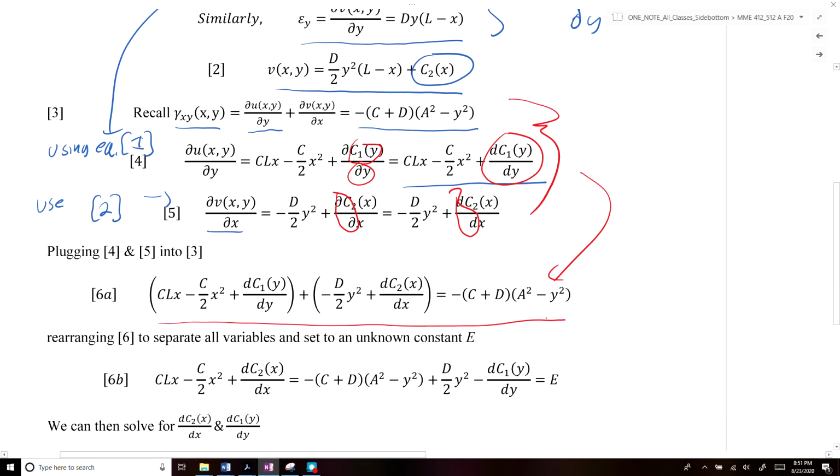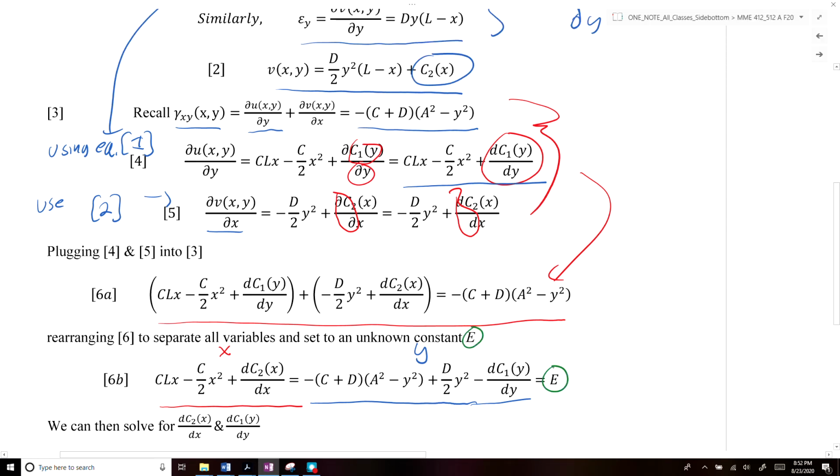All right, so we can rearrange this equation to separate our variables onto each side. So we can have everything that's in terms of x on this side. Then on the other side of the equation, we can have everything that is a function of y on this side. All right, and then we can set all of these to a known constant e.